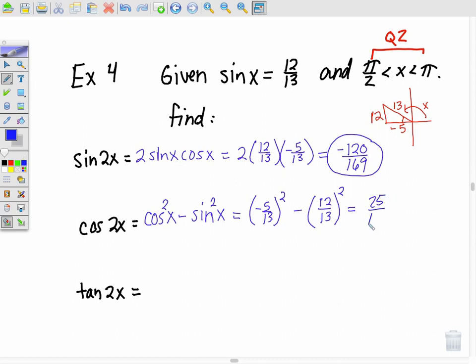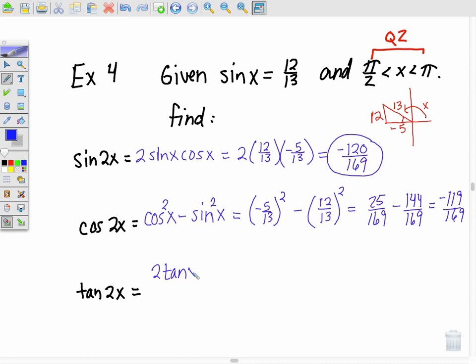So we got -5/13 squared is going to be 25 over 169 minus, and then 144 over 169. So final answer, I subtract and I get -119 over 169. So there we have the results of cosine 2x. And let's do one more.